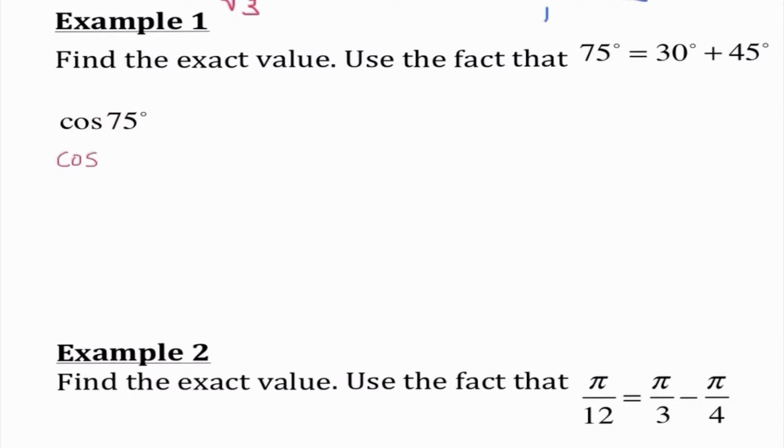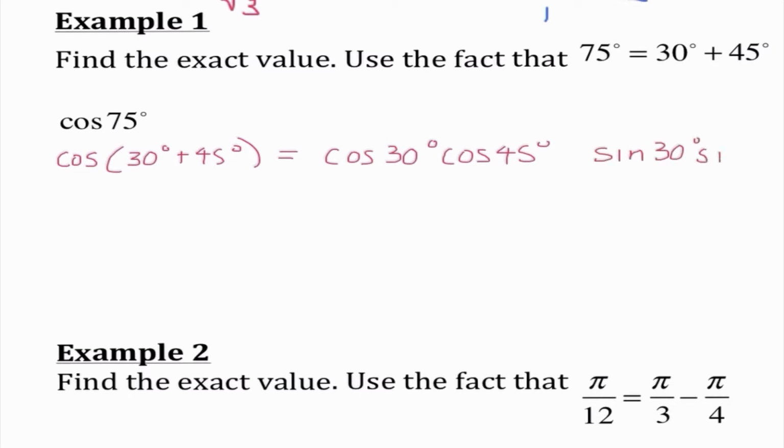So I'm going to write cosine of 30 plus 45, and our cosine value went cosine, cosine, sine, sine. And our operation was the opposite because it was minus plus. So I have cosine, cosine, minus sine, sine.